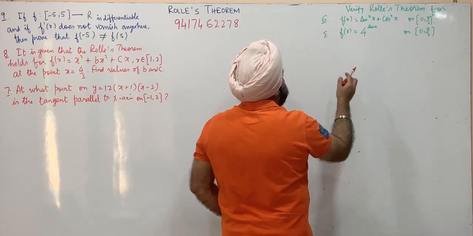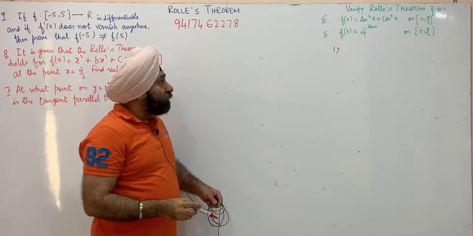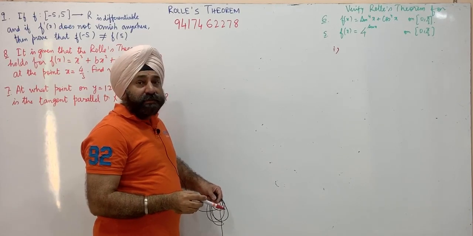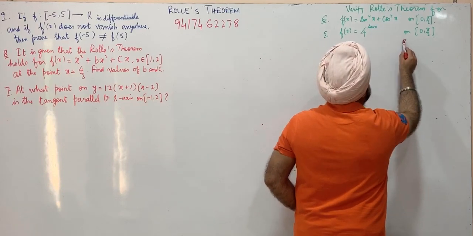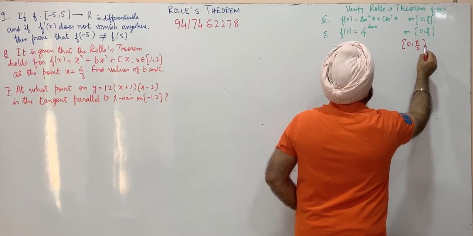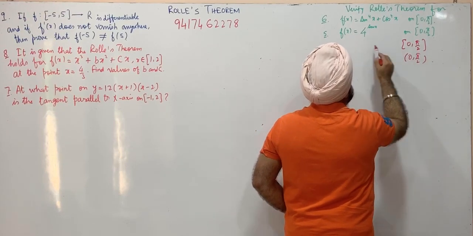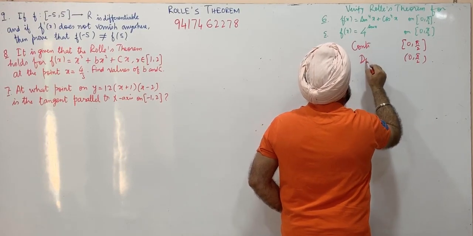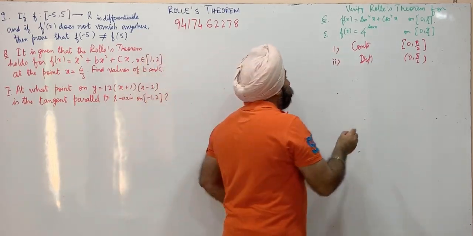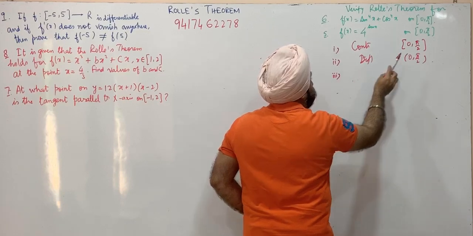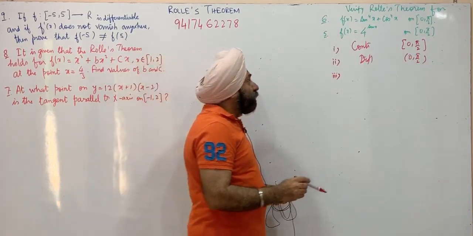So we'll explain it like this: f of x being a composite function of an exponential function and a sine function, this is continuous everywhere, in particular for the interval 0 to pi. Similarly, this is differentiable for the open interval 0 to pi. Next, we find the value at the starting point and the end point of the interval.